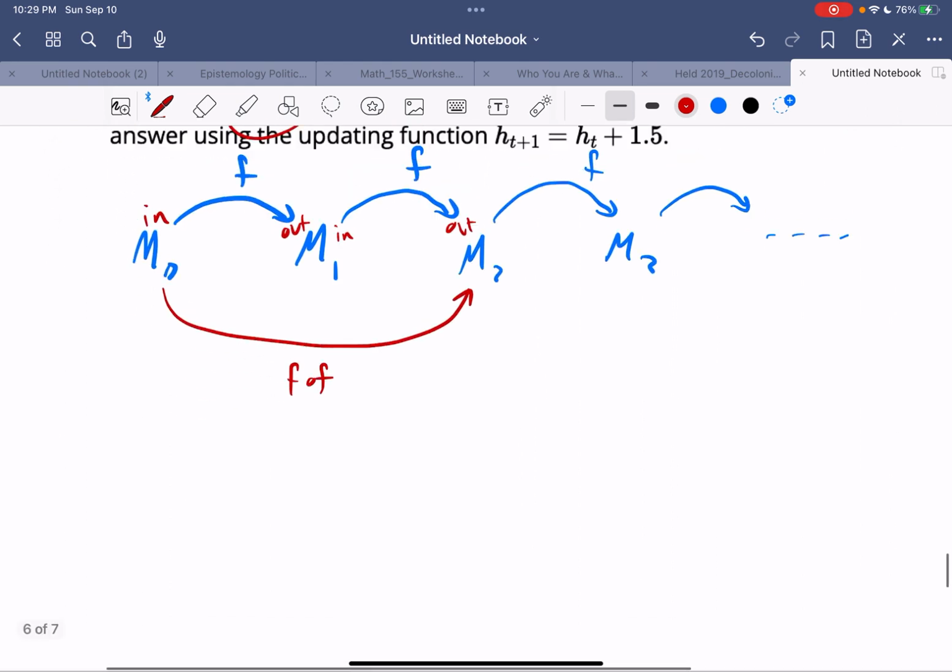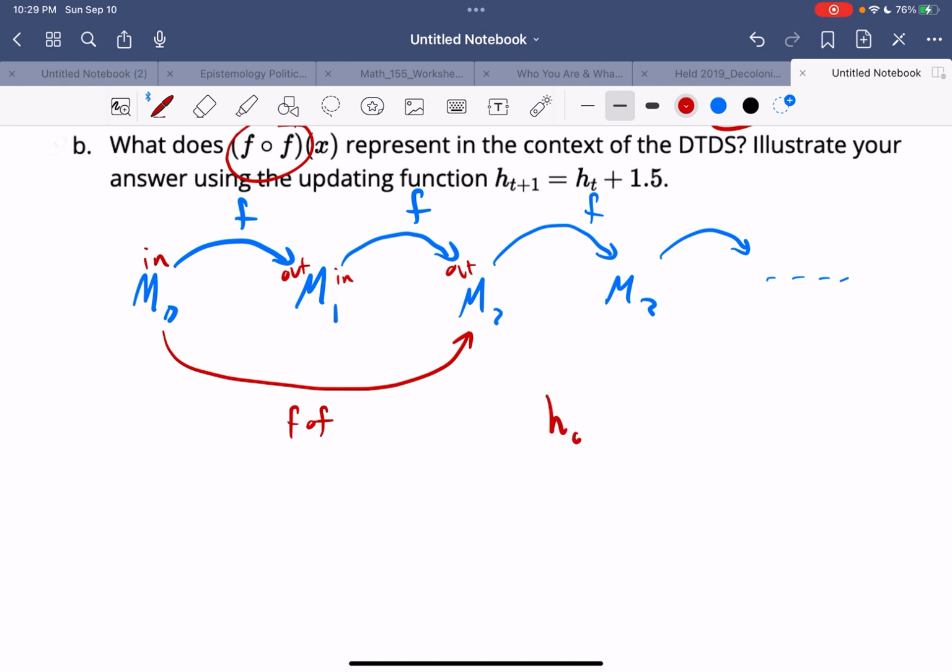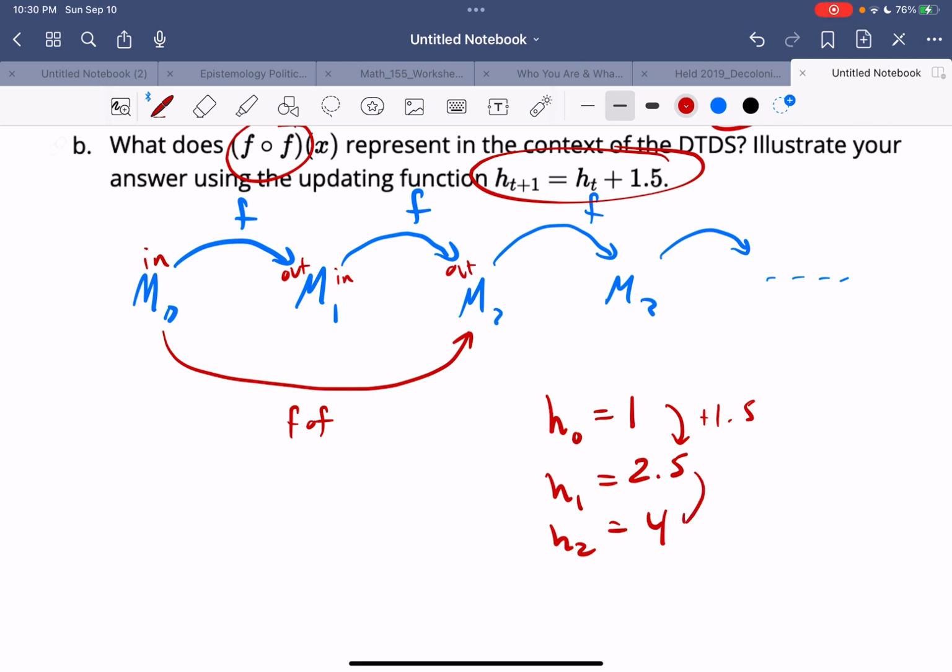Like if h naught is 1, and I'm going to use this updating function here, then h1 is 2.5, and h2 is 4, right? But instead of doing plus 1.5 plus 1.5, you could go straight from here to here by just doing plus 3, right? And so what does that look like?